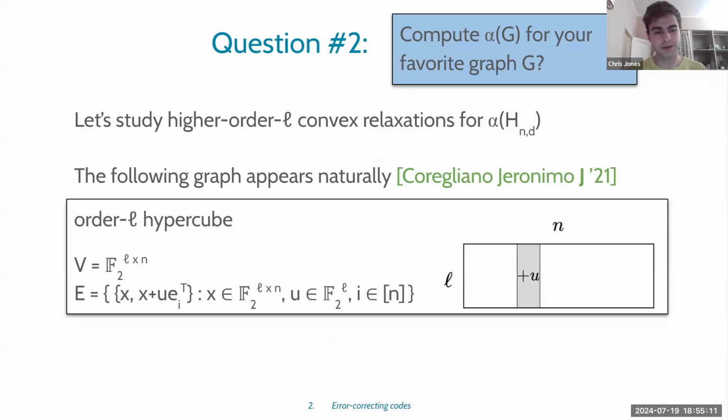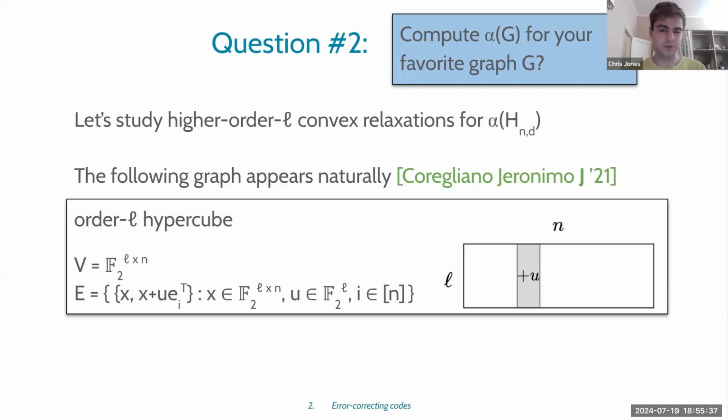The vertex set of the order L hypercube consists of tuples of L strings from the hypercube, which can be depicted by matrices of dimension L by n. The edges of this graph: for each matrix X, we connect it to another matrix which only differs in one of the columns, one of the coordinates i in n. Those are the edges of the graph.